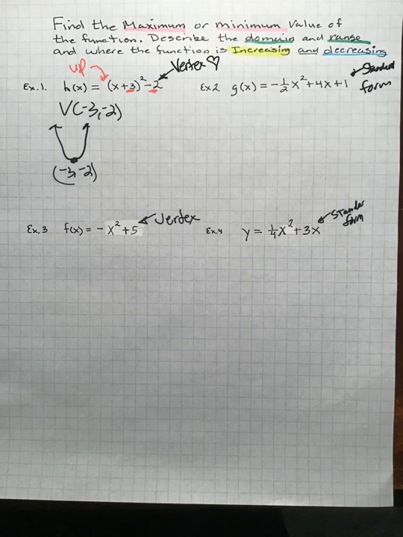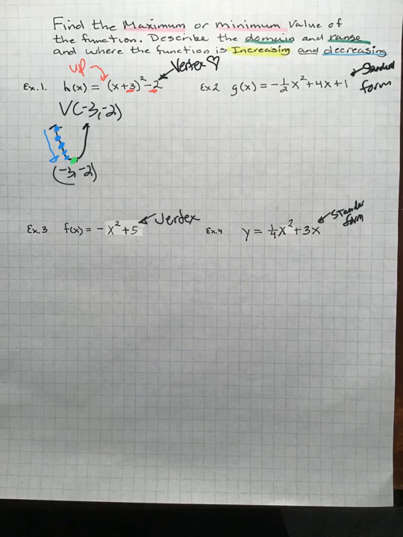So as we move through the parabola, moving left to right, all graphs are made up of infinitely many ordered pairs. As we walk through the ordered pairs, look at the y values. The y values are dropping or decreasing as we go to the left-hand side of the vertex. And as we get to the vertex, that's the lowest y value.